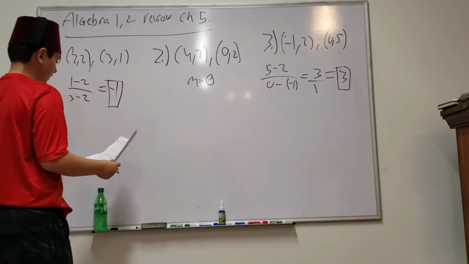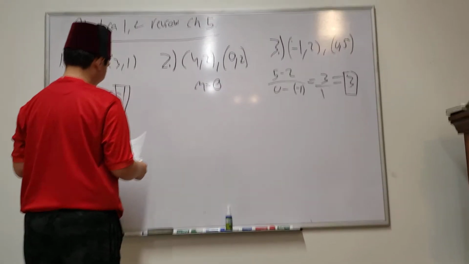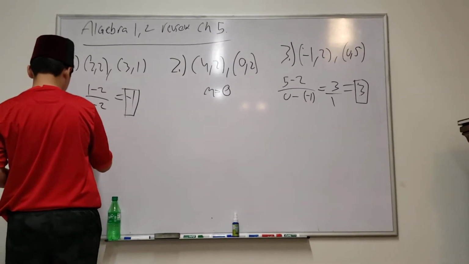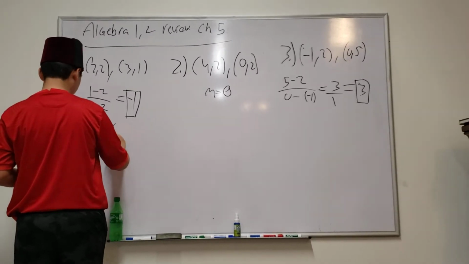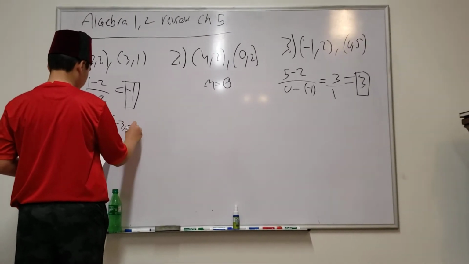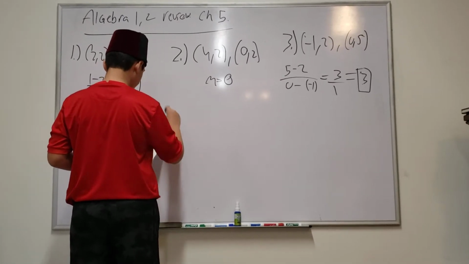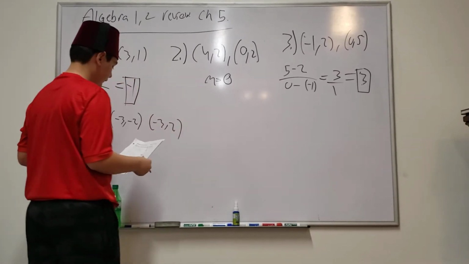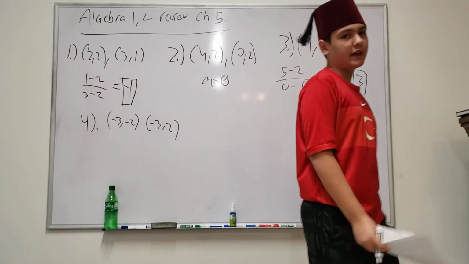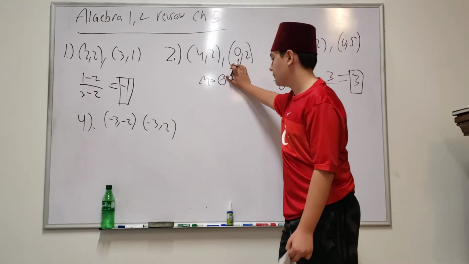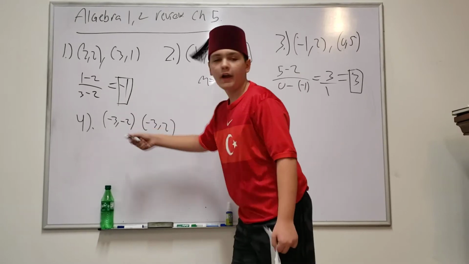Okay, final one for this problem set. Number 4. Our points are (-3, -2) and (-3, 2). Alright? Now, we're in a similar case to number 2, because we have two same x values.